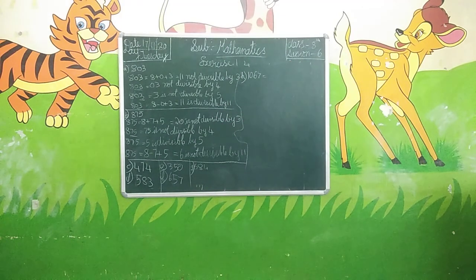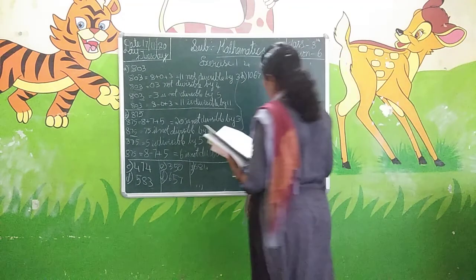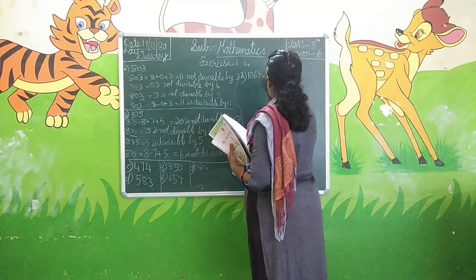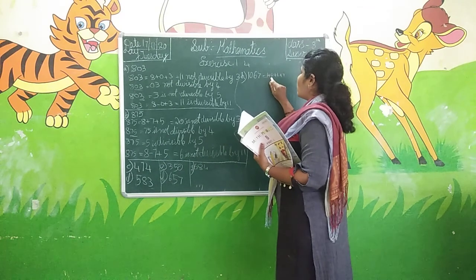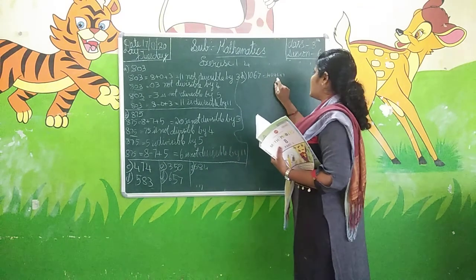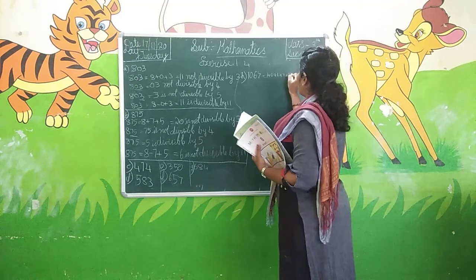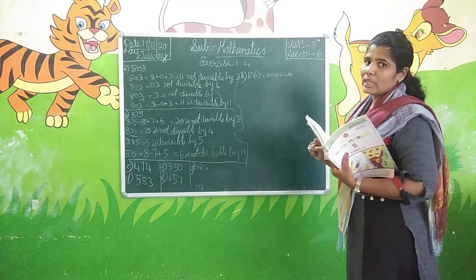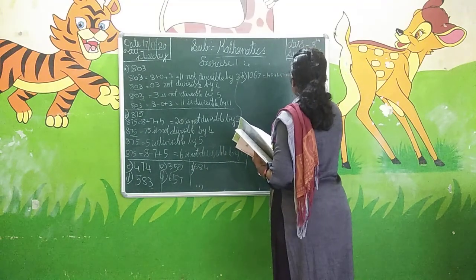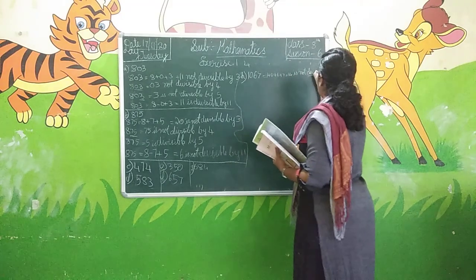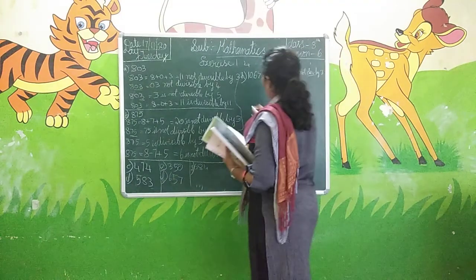First you have to add all the digits to see whether it is divisible by 3 or not. 1 plus 0 plus 6 plus 7. 1 plus 0 is 1 itself. 1 plus 6 is 7. 7 plus 7 is 14. Is 14 a multiple of 3? No, so it is not divisible by 3.